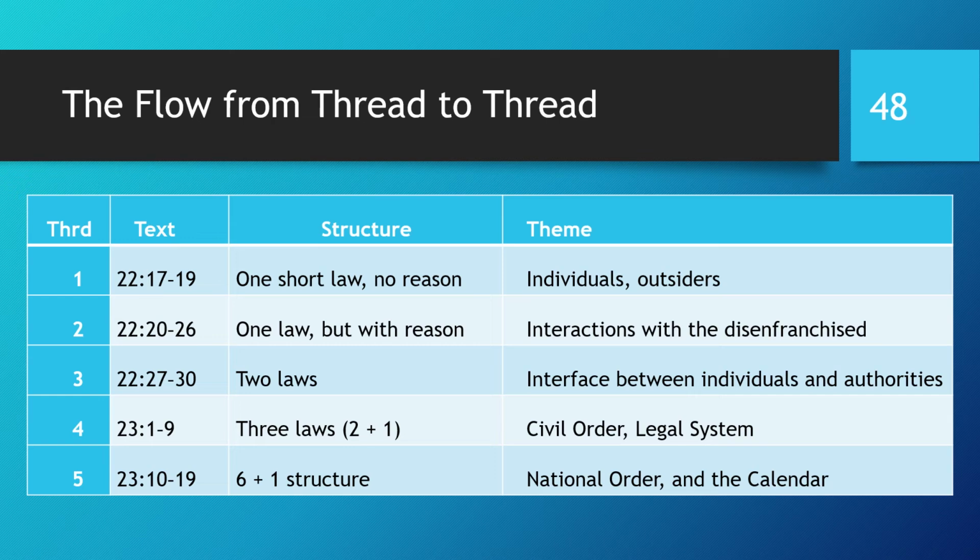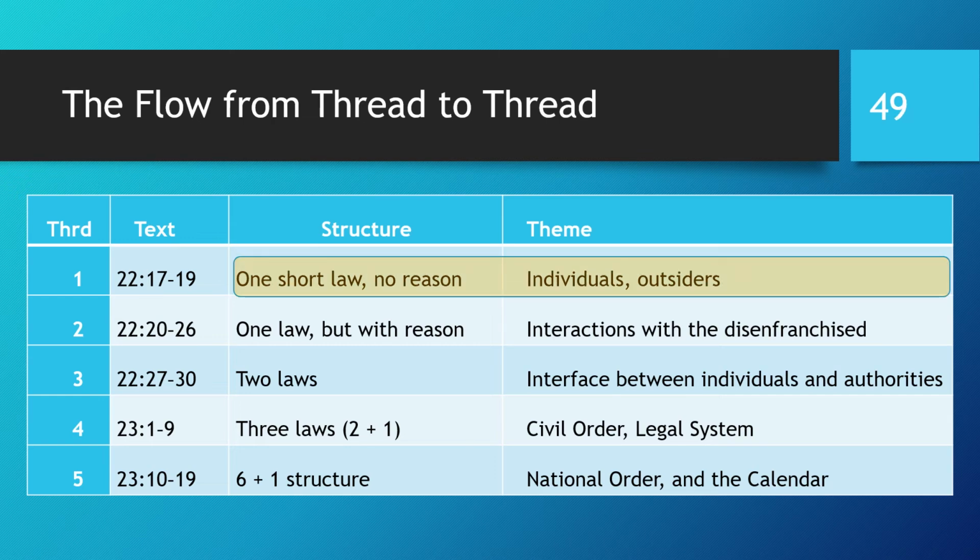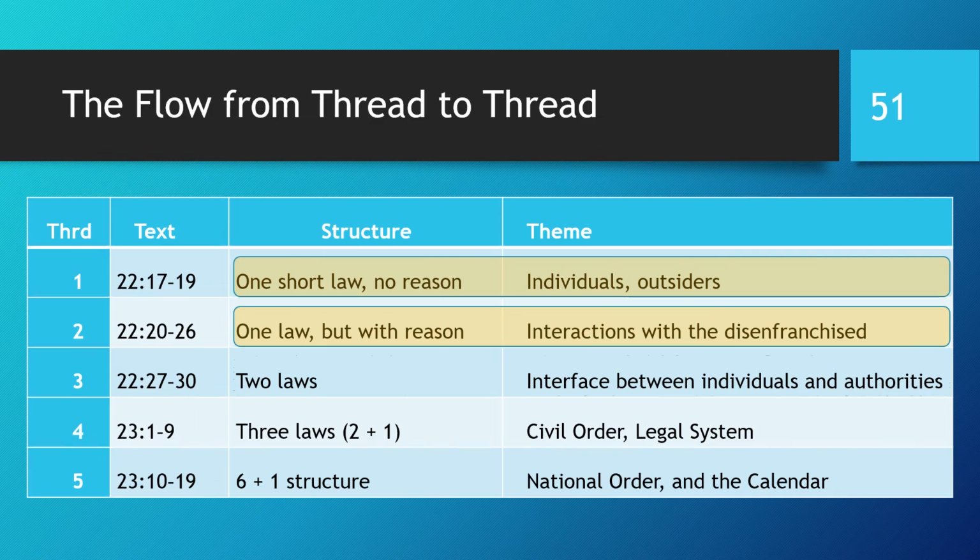Thread 1 contains single terse laws about outsiders, excluded individuals, to have no interaction with Yahweh's people. Thread 2 describes interactions between individuals and the weak or disenfranchised in society, each segment including a single law and its reason. Thread 3 introduces the interface of people with authorities using a pair of laws in each segment.